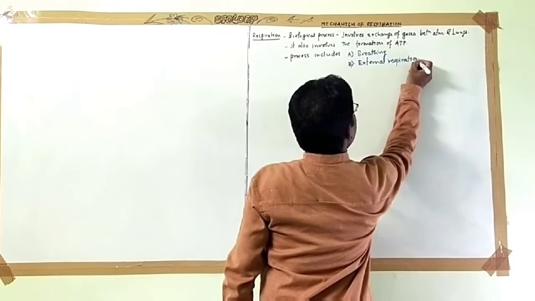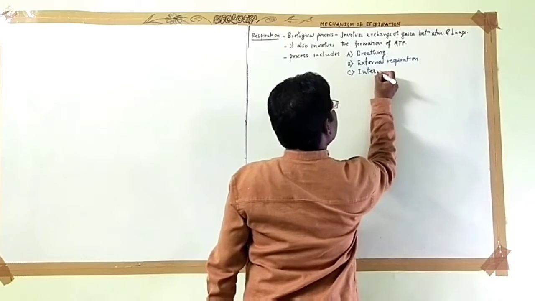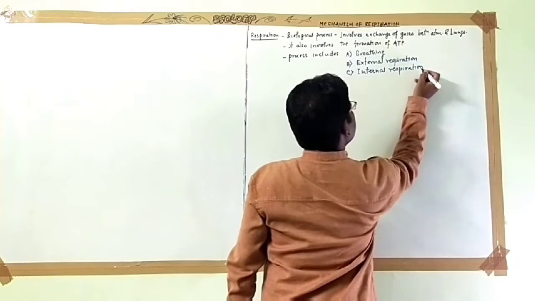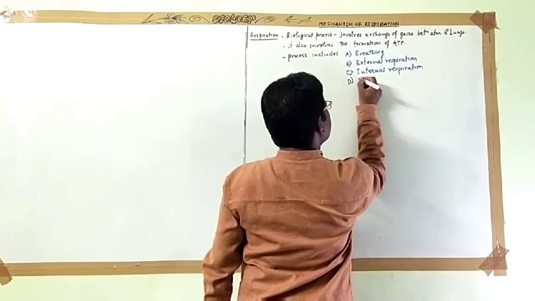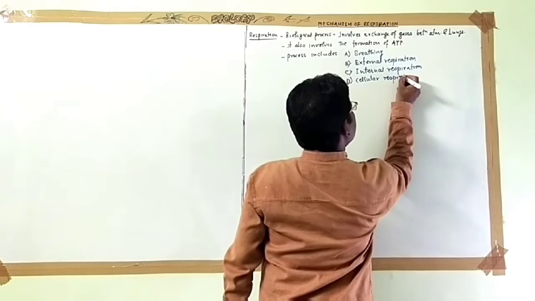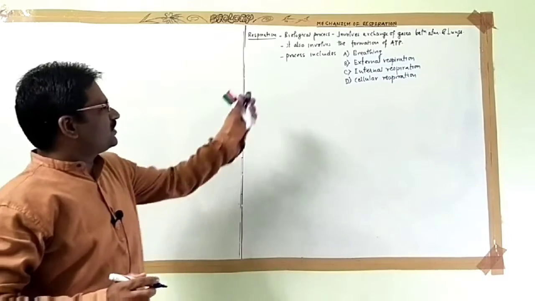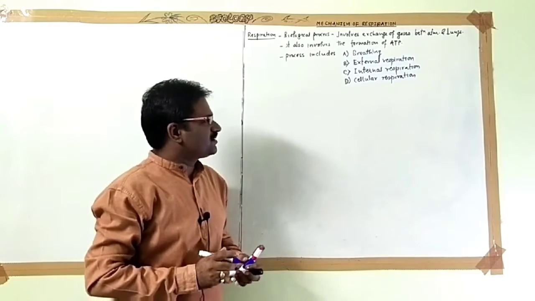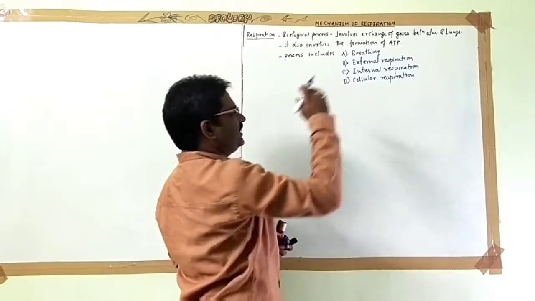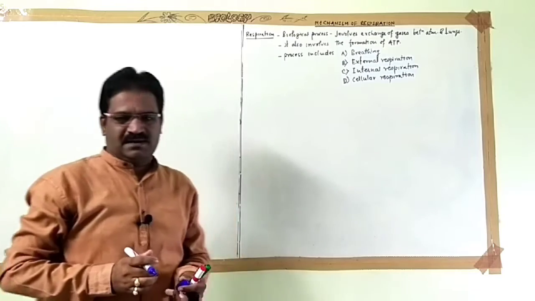Third, internal respiration. And the last one is cellular respiration. This whole process includes breathing, external respiration, internal respiration and cellular respiration.